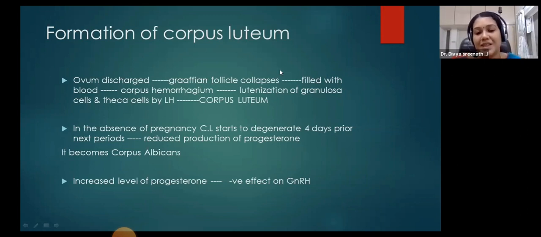And also, there will be a positive impulse to the GnRH, so that FSH will be secreted, and the FSH will support the follicles for the next month. So during the menstruation itself, the next cycle preparation will also start simultaneously.